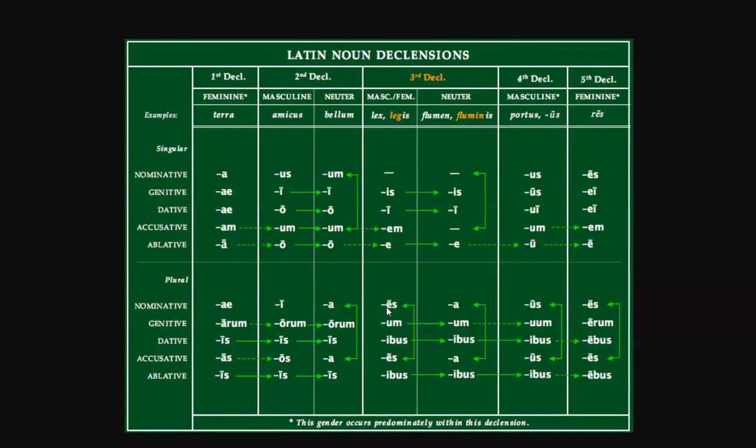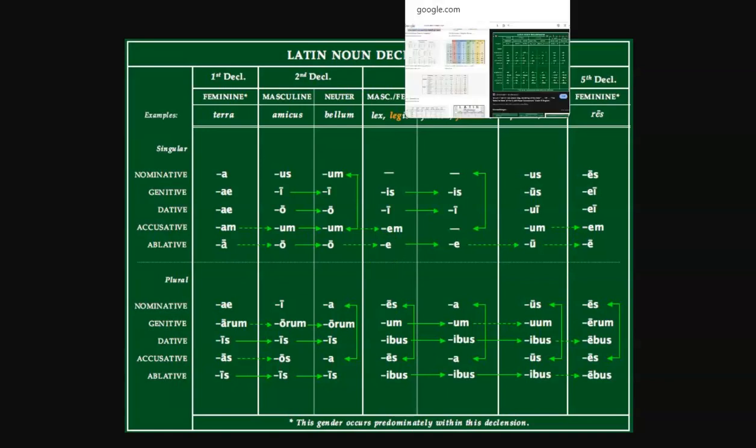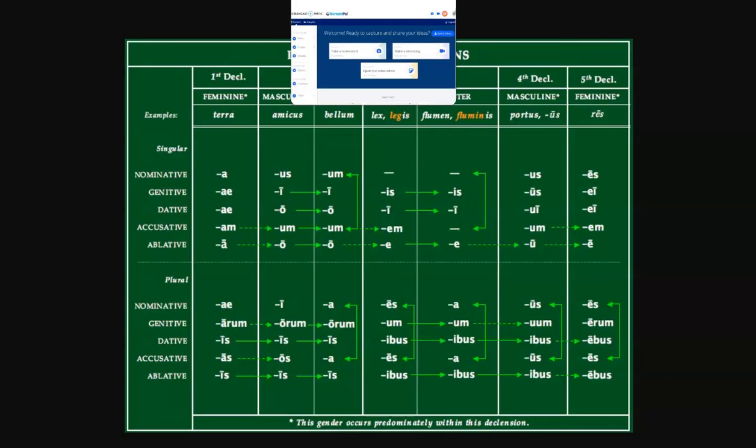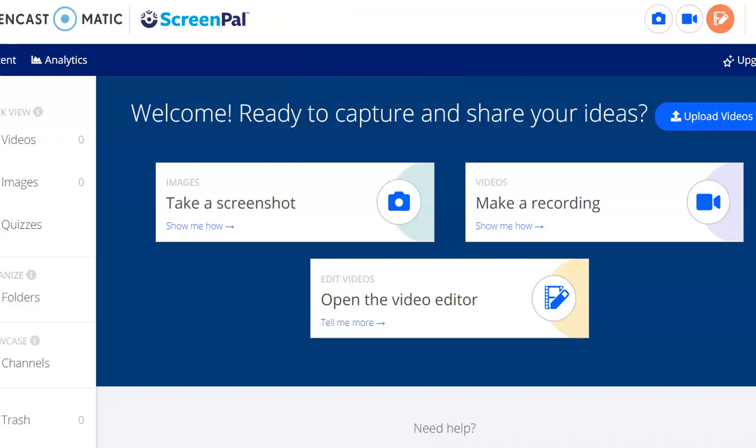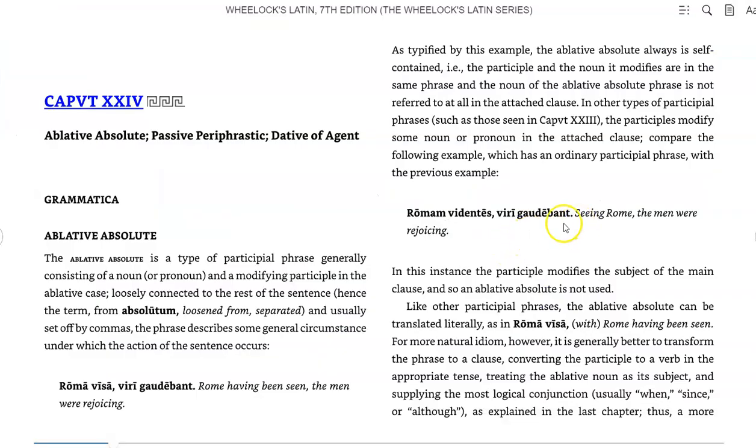So when we have a participle that is third declension, we said last chapter in the video tutorial that we're going to translate it in the present tense. So you can see the translation here, seeing Rome, Romam videntes viri gaudebant. So our ablative absolute is Romam videntes, and then our main clause is viri gaudebant.